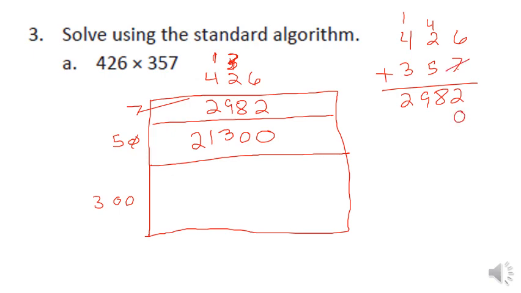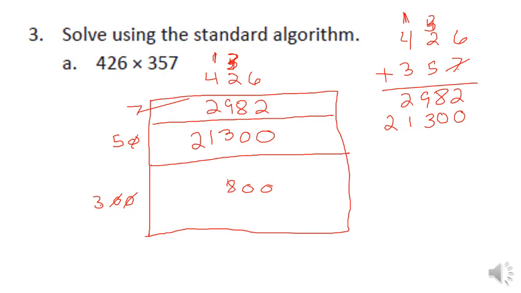What it looks like in the standard algorithm, we're going to put a placeholder for that first digit. Now it's 5 times 6, which is 30. 5 times 2 is 10, and 3 is 13. Carry our 1. 5 times 4 is 20, and 1 is 21. Same product.